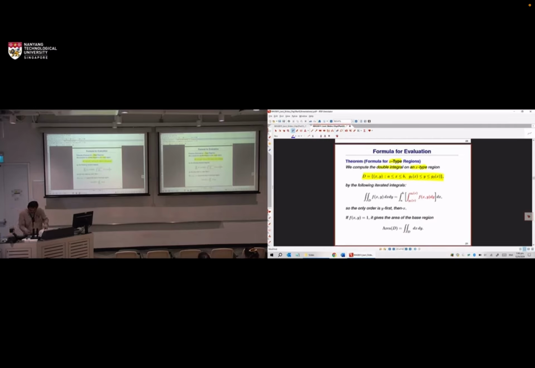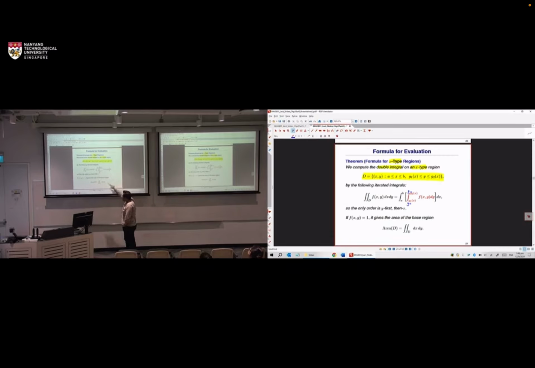Now, I state the formula. If you have this X type, the formula is as follows. You do the integration of f(x,y) dy inside first, where y goes from this to this. After you finish the integration inside, then you integrate outside with respect to x from A to B, based on the yellow color definition you have.